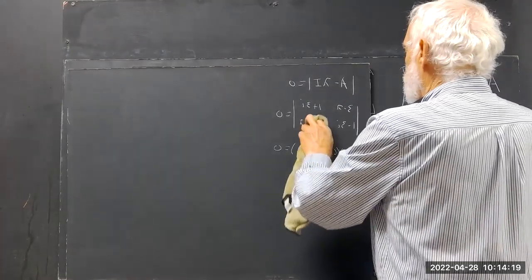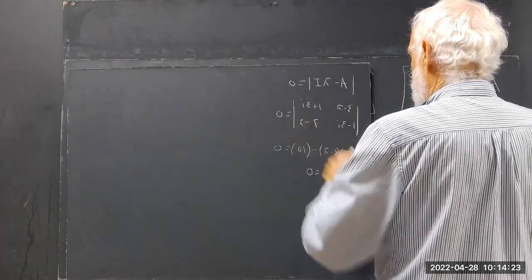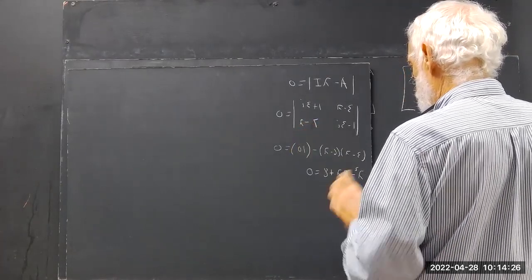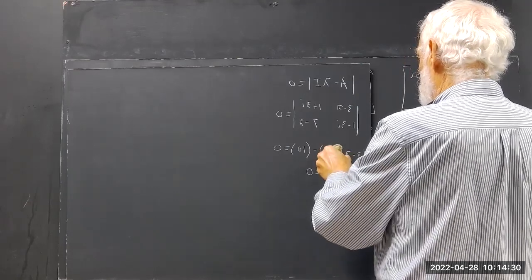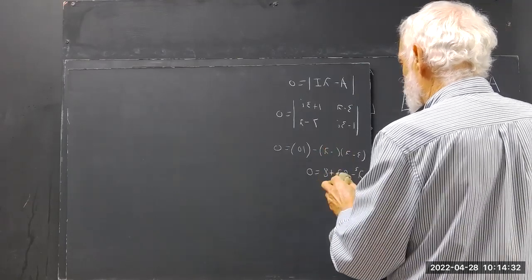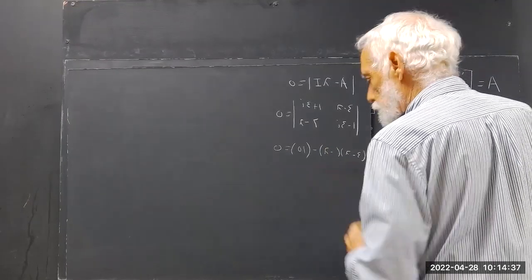So it's going to become 7 minus i. This is going to become 7. And that's going to change my equations.